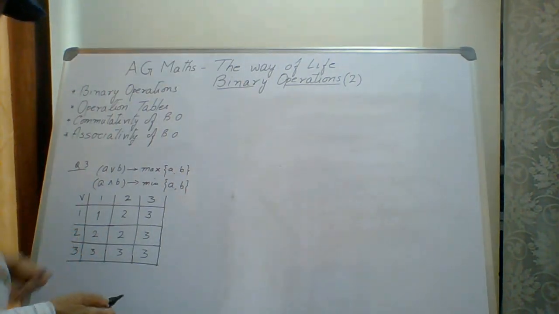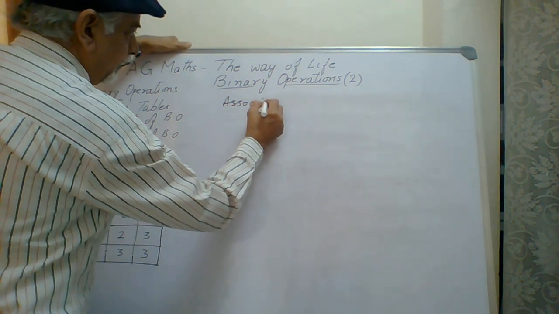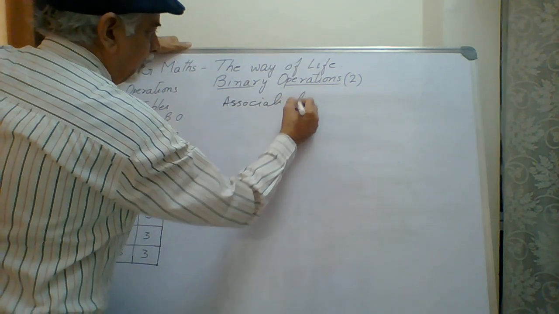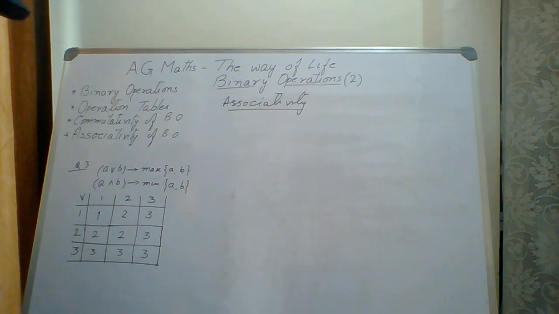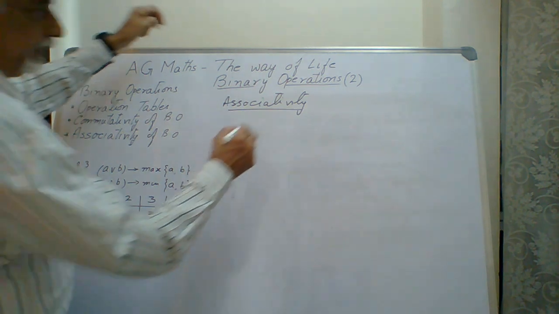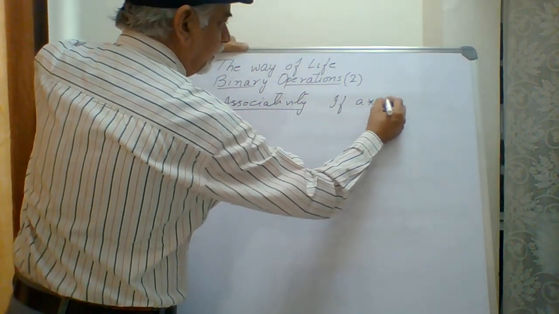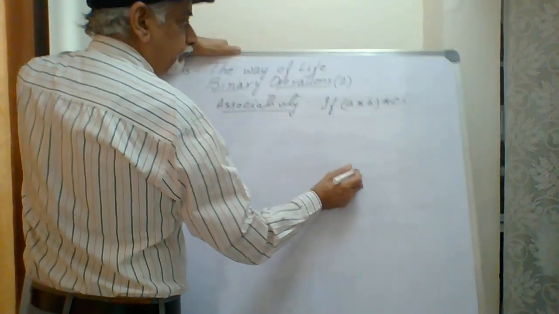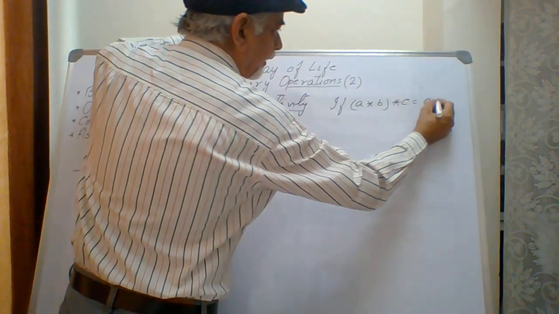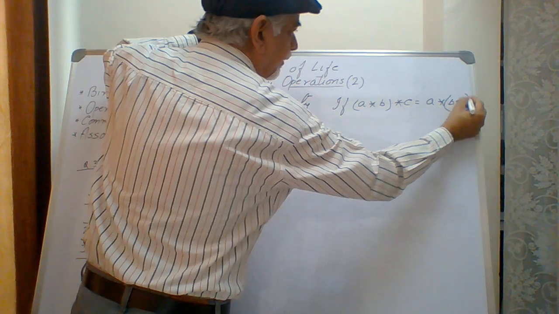So associativity of a binary operation is said to hold if, for A, B, C, (A binary B) binary C is equal to A binary (B binary C).